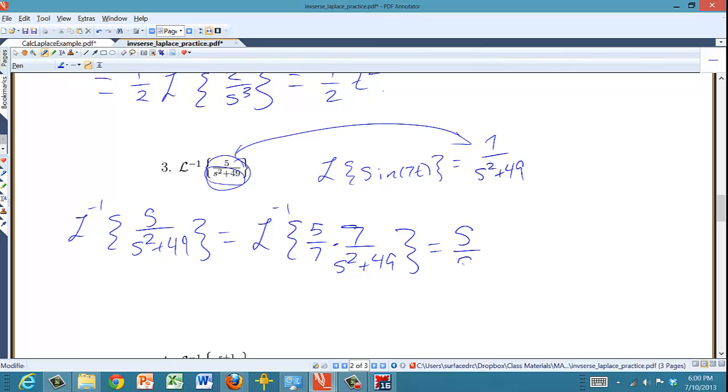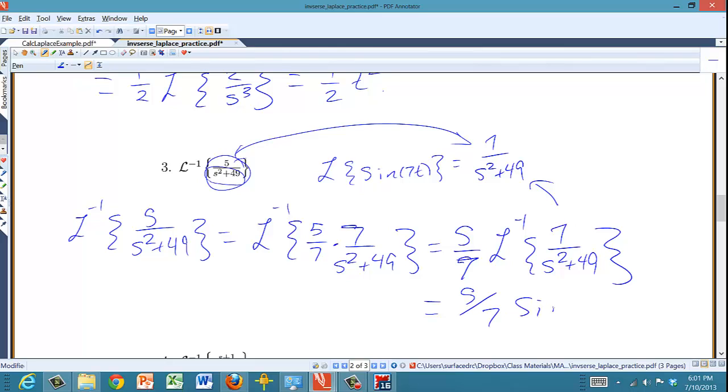That's 5/7 the inverse Laplace transform of 7 over s squared plus 49. And that part, I know what that is. So that's 5/7 times sine 7t.